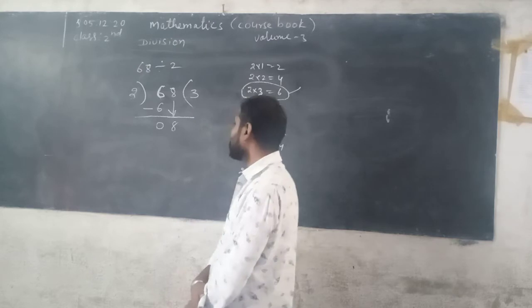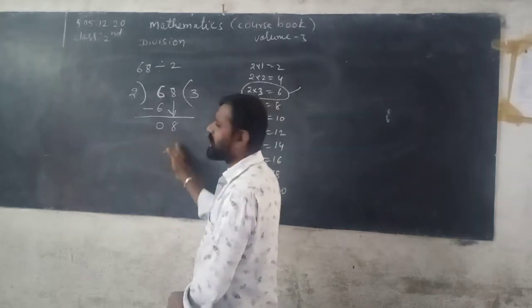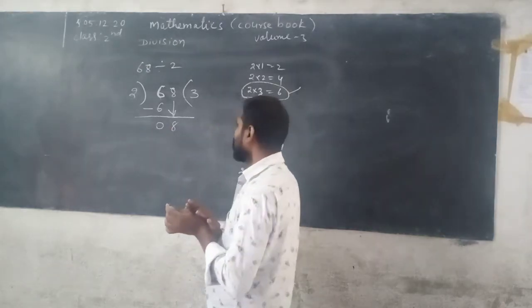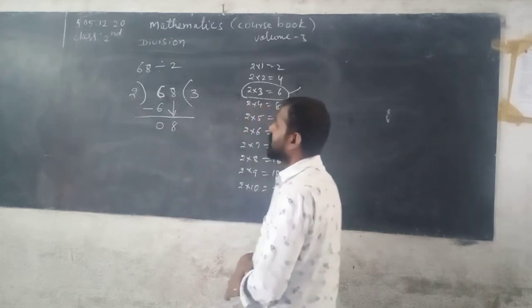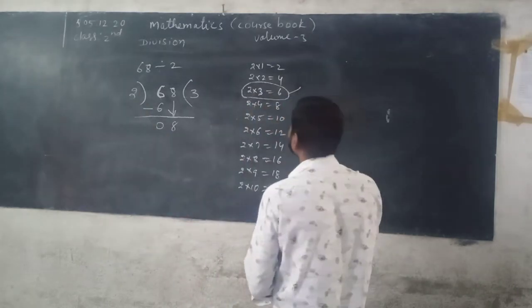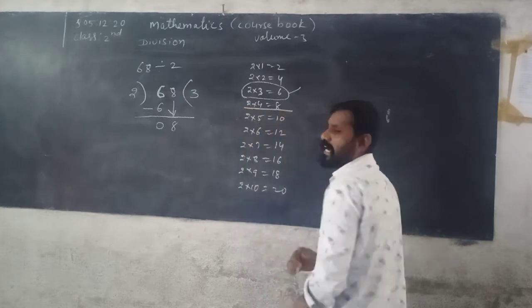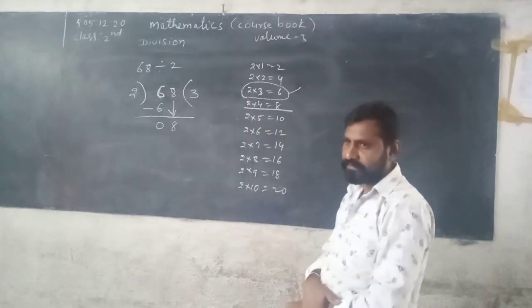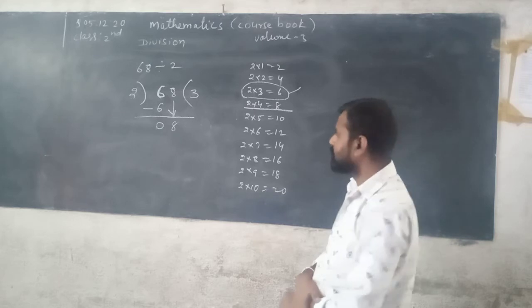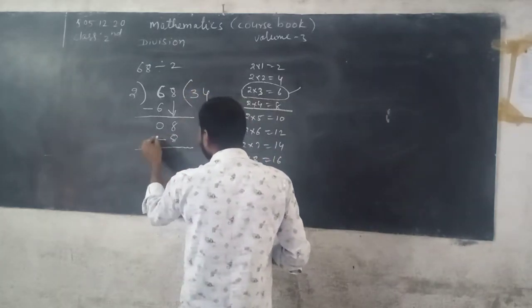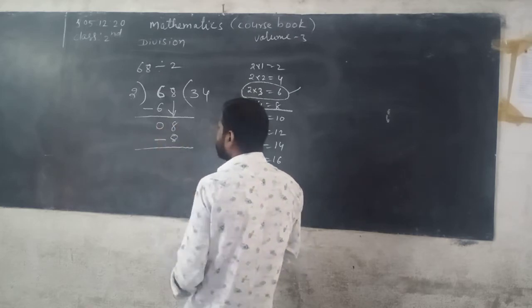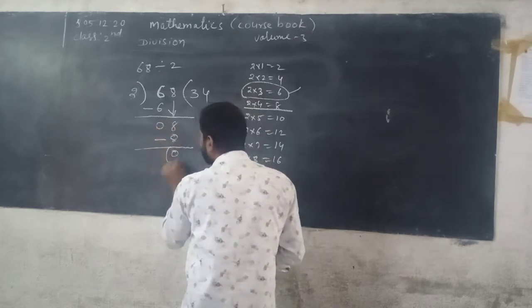Now here 8. 08 means 8. So how many times does 2 go to get 8? 4 times. See here, 2 4s are 8. Then 8 is subtracted from 8, 8 minus 8 you get 0.